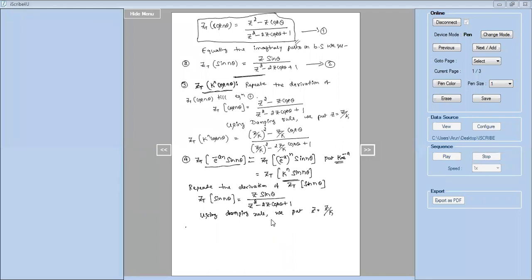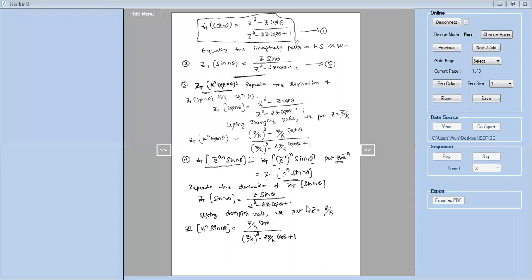So we get the z transform of k power n into sin n theta is equal to z by k sin theta divided by z by k the whole square minus 2z by k cos theta plus 1.